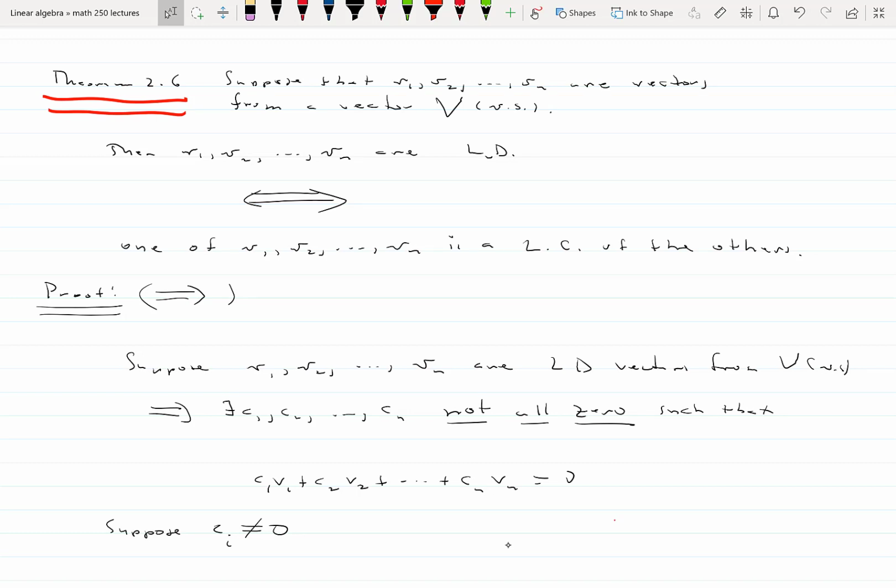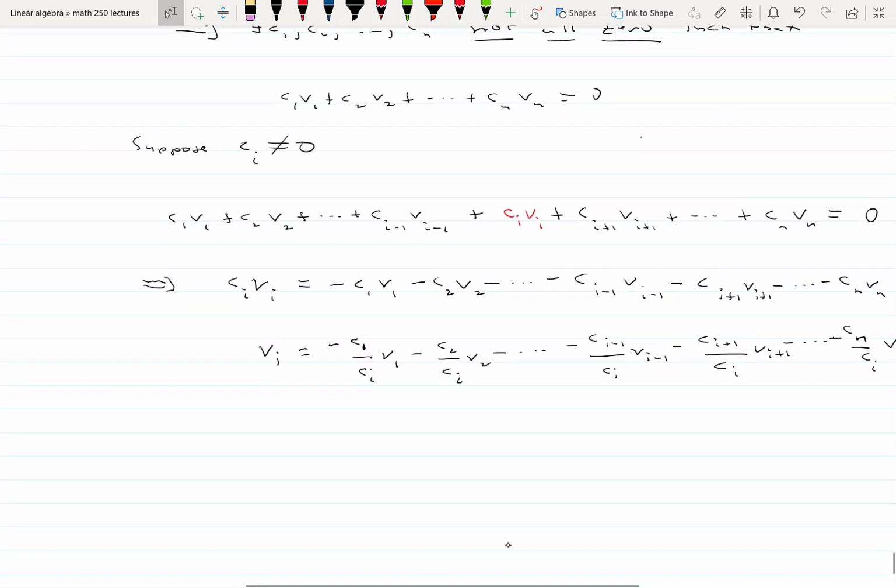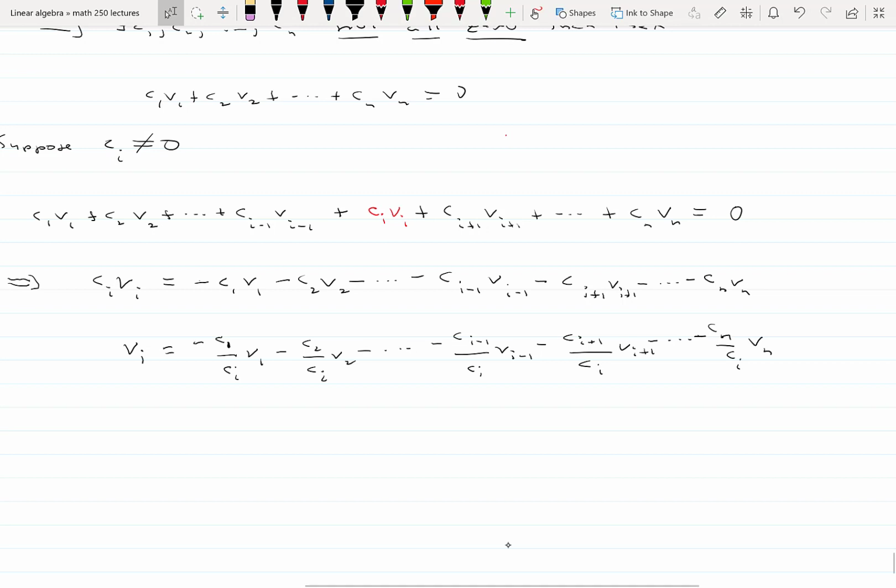We want to prove that one of the vectors is a linear combination of the others. I got lost in my own work here. And we just did that. We showed that v_i is a linear combination of the others. We showed that implies that one vector v sub i is a linear combination of the others.